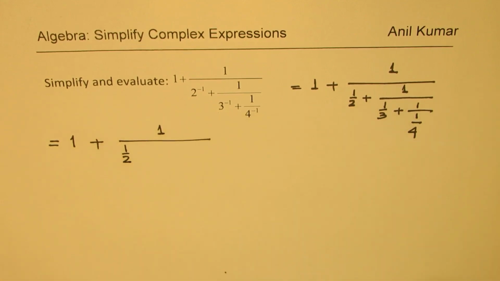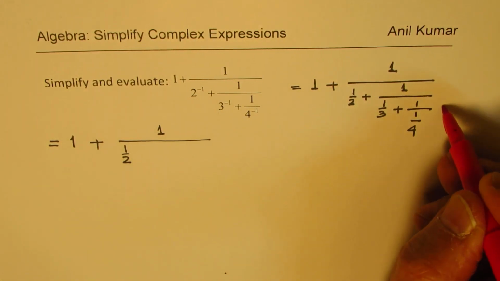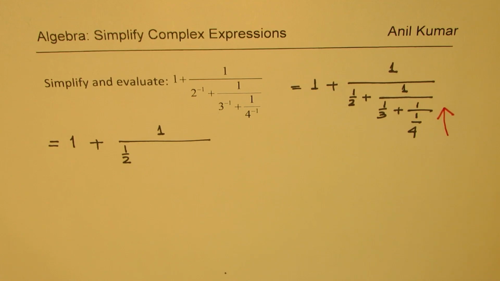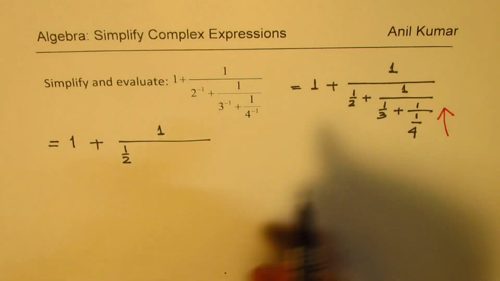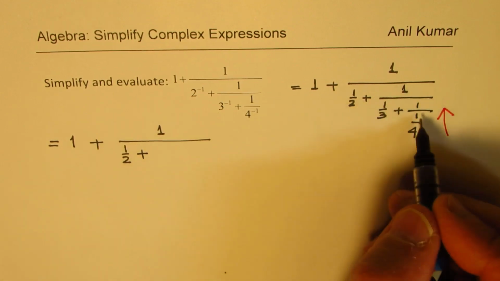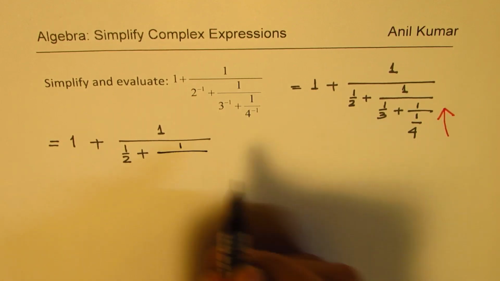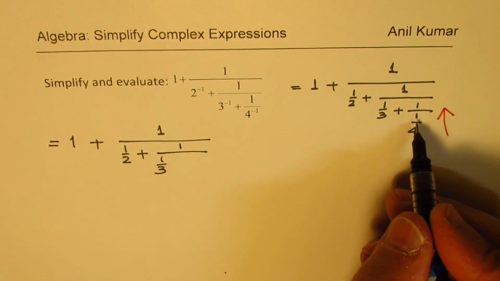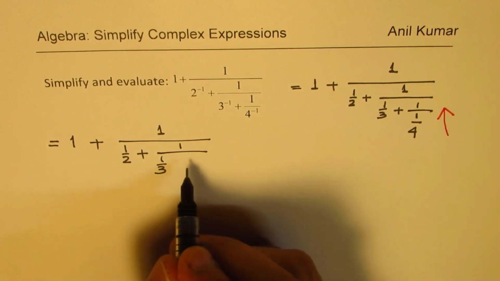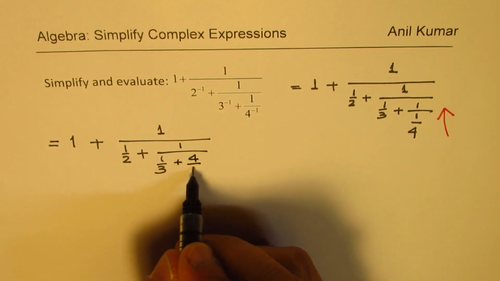So now we'll actually start from the bottom. We'll go up, solving from the bottom itself. So half plus, we'll rewrite all these things as such, 1 over 3. Now 1 over 4 means it is 4 over 1, correct?